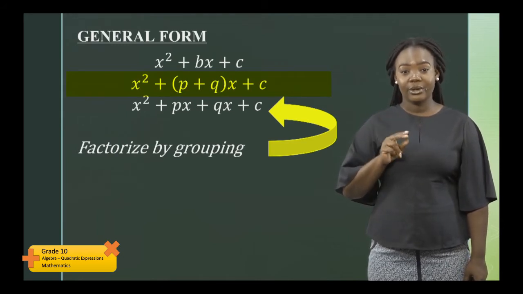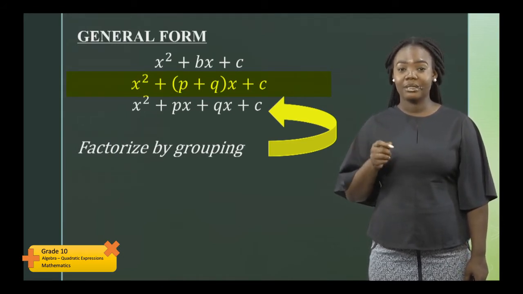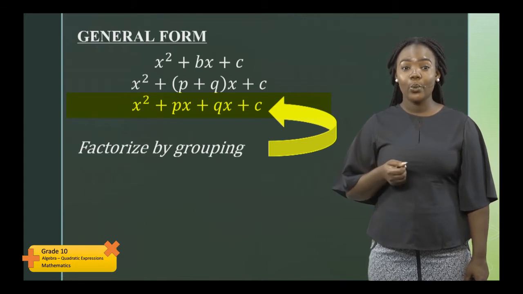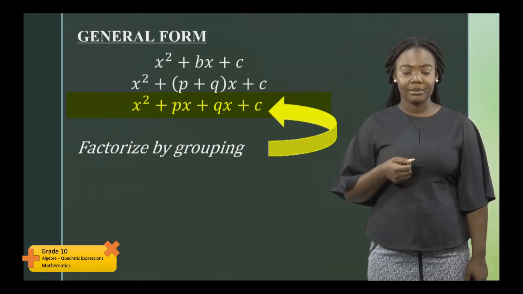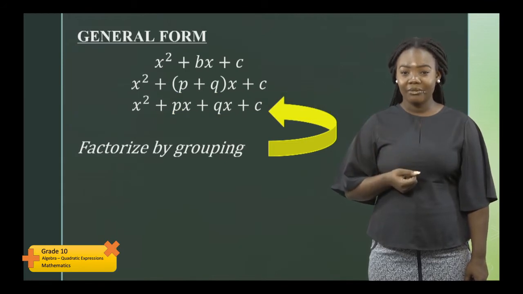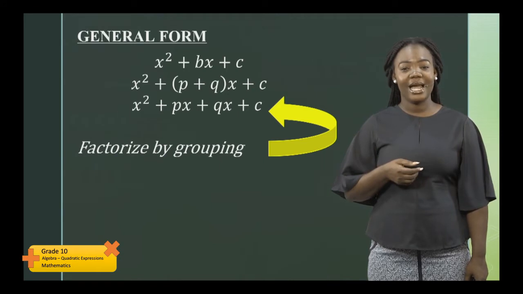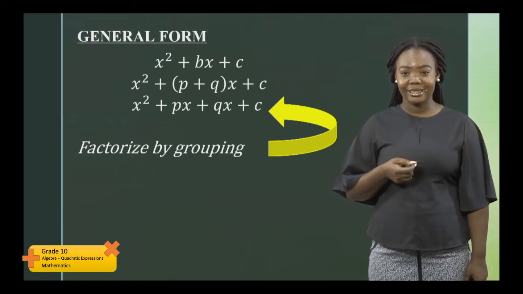The sum of the two factors must equal p plus q. Once we have rewritten our expression like it is in the third step, we then factorize using the grouping method. So now that you have all that information, let's throw some figures in there and have a better understanding of how we can factorize.